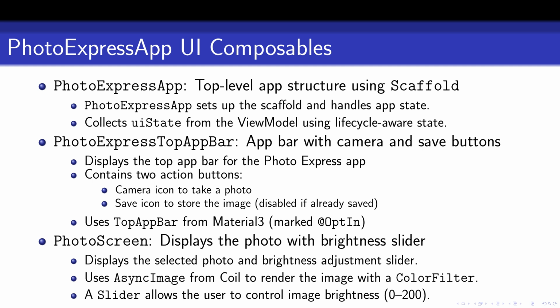At the bottom, a slider allows the user to control brightness from dark to light. The layout uses standard Compose techniques like Scaffold, Column, and padding modifiers to ensure a consistent experience across devices. When users interact with the slider, the photo is updated immediately to reflect the new brightness level, providing a smooth, responsive editing experience.